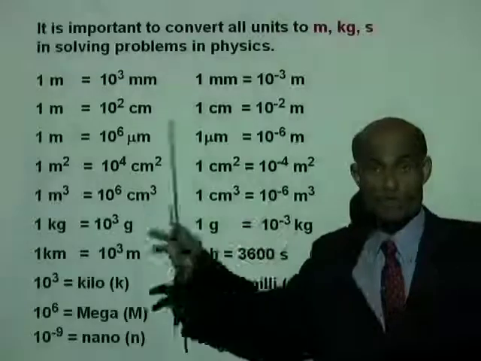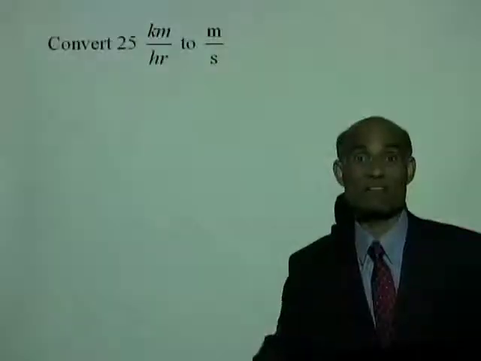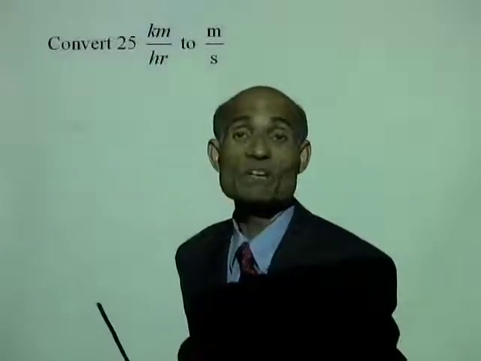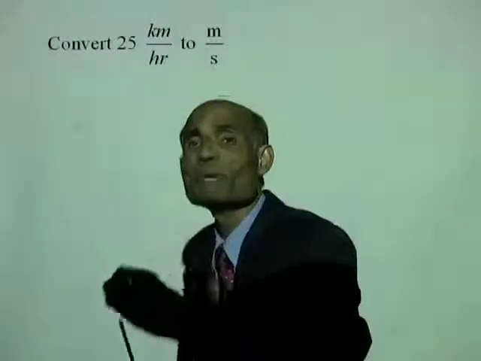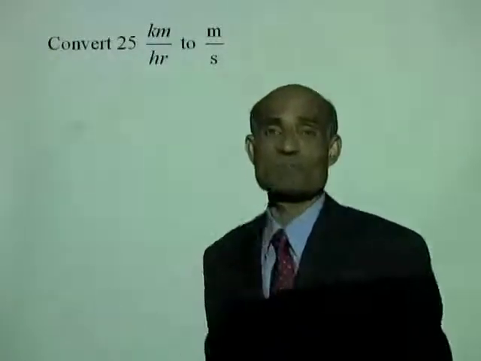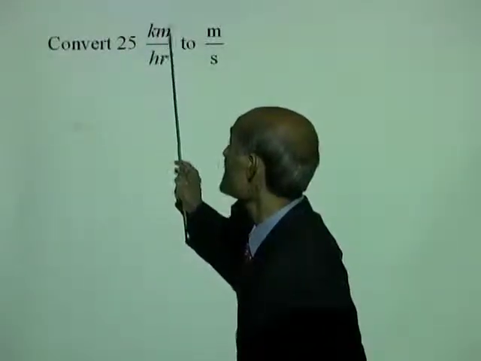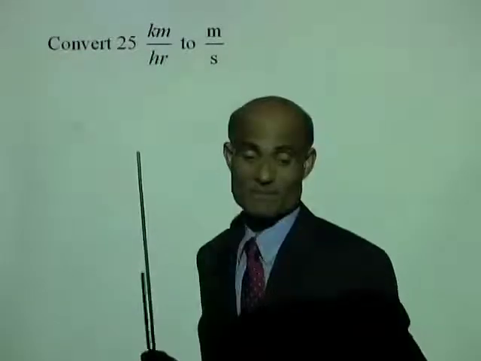Alright, so I hope you are now familiar with all these measuring standards. And now, let's see how we can convert a given quantity to meter kilogram system. Convert 25 kilometer per hour to meter per second.